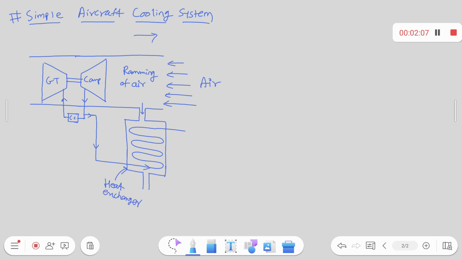It is very simple. After the heat exchanger, the air is sent to the cooling turbine.